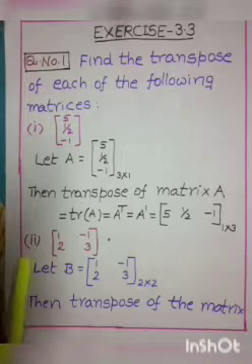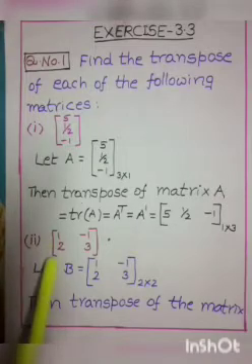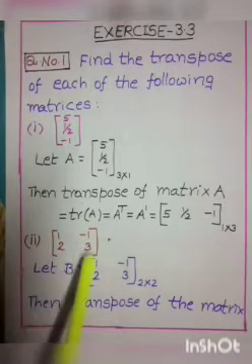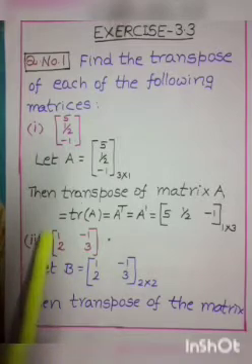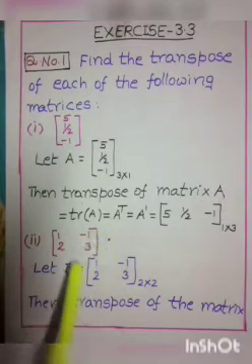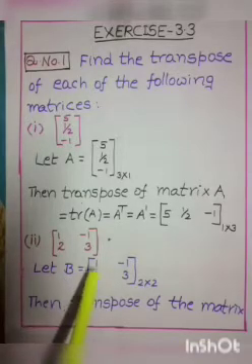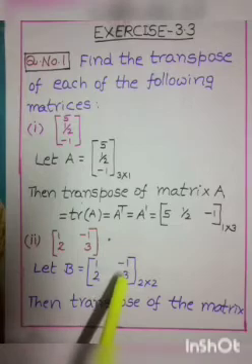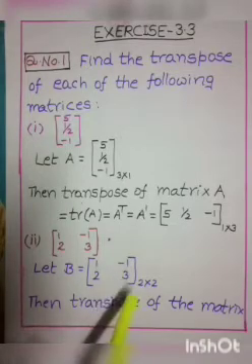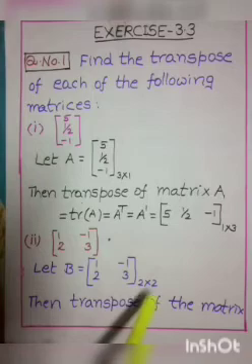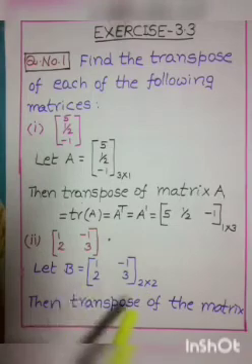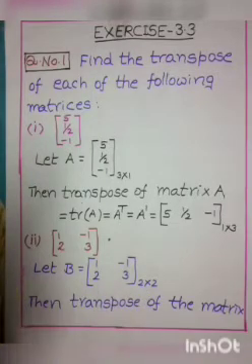Now come to the second part of the question. Matrix 1, minus 1, 2, 3. This is the given matrix. We have to find the transpose of this matrix. Let us consider the given matrix is B. So B is equal to matrix 1, minus 1, 2, 3. What is the order of this matrix? 2 by 2. Then we have to find the transpose of this matrix.